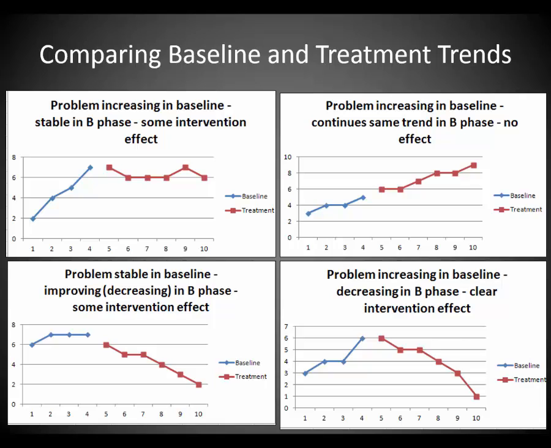You can examine whether there was an increase in a problem during the baseline, whether there was a stable line during the baseline, or whether there was a decreasing problem in the baseline, and try and compare that to what's going on in the treatment phase. But this is typically reserved for more complex studies where you have a larger number of data points during the baseline phase, not required for all studies.